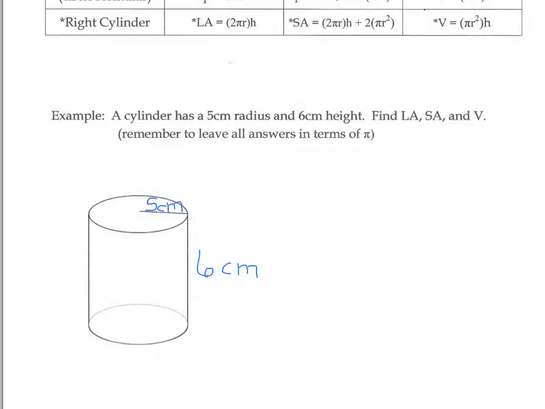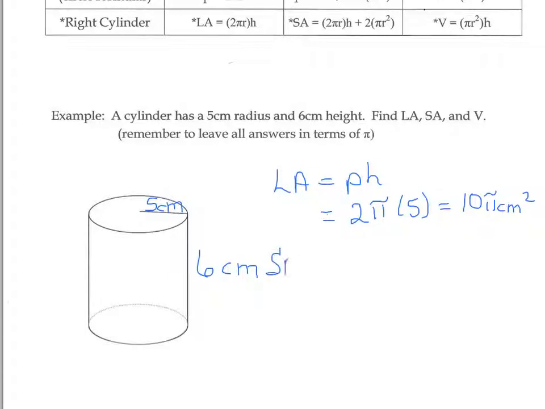So we said that lateral area is perimeter times height. In this case, perimeter is circumference, which is 2 pi r. So lateral area is twice pi times the radius, or 10 pi centimeters squared. Area is always squared.